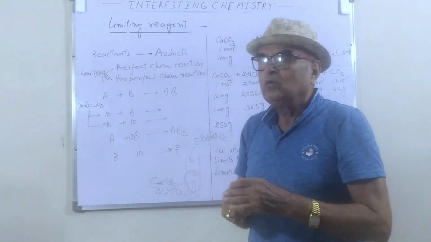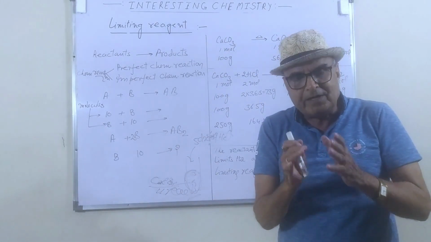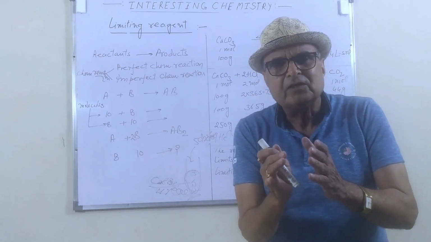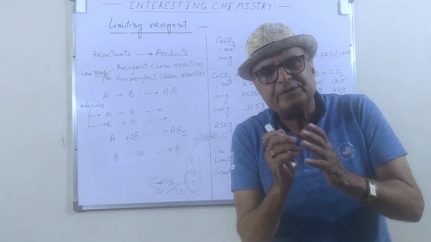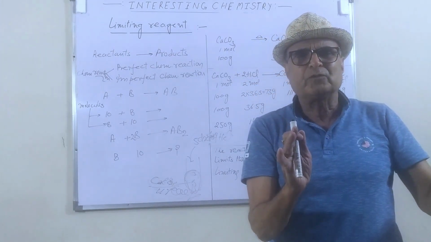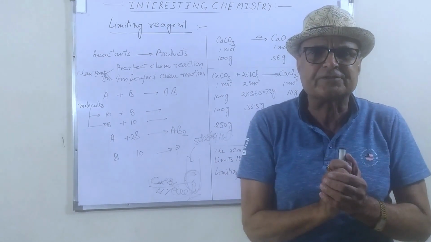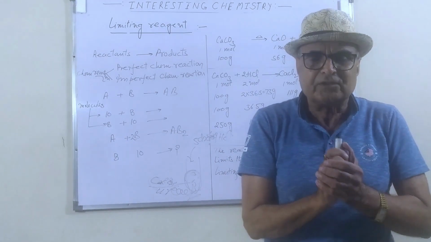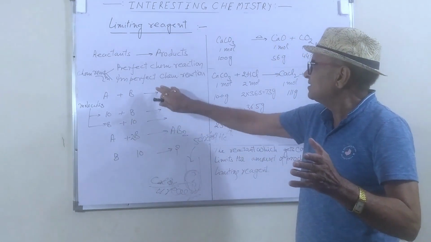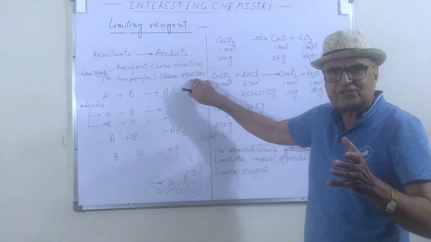So why is it so? Why has this happened? Because generally we take the amount of reactants in a chemical reaction randomly, without any measurement. That's why the reaction is called an imperfect chemical reaction.